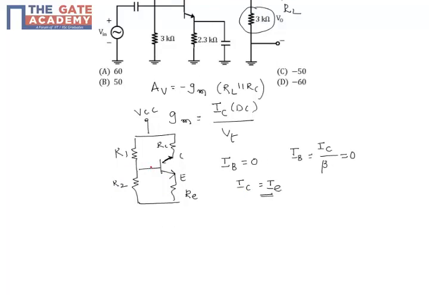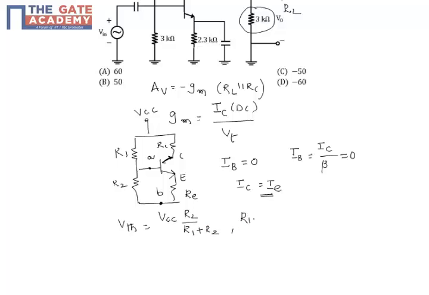In order to find that, I'll write the equivalent circuit, or I'll find the Thevenin's voltage between these two terminals A and B. V Thevenin will become the voltage across this one, that is nothing but VCC into R2 by R1 plus R2.